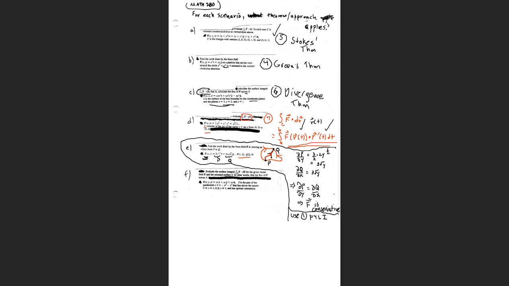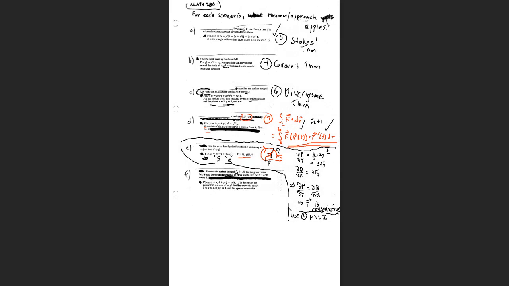So you can try to find the potential function for that vector field, and then use the fundamental theorem of line integrals. Right? It's helpful to keep an eye out for that kind of thing.